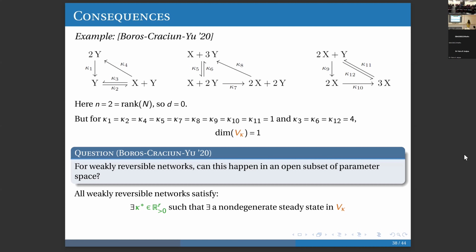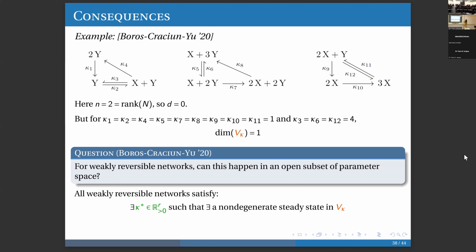Excuse me, Beatriz, can you explain what is the meaning of a non-degenerate steady state when we are viewing it through the dimension of the V_K? Through the dimension. So when I say the generic point, I mean in the variety, it will be either a singular point or it will be in a higher dimensional component.